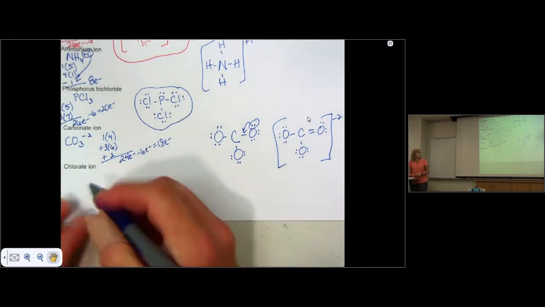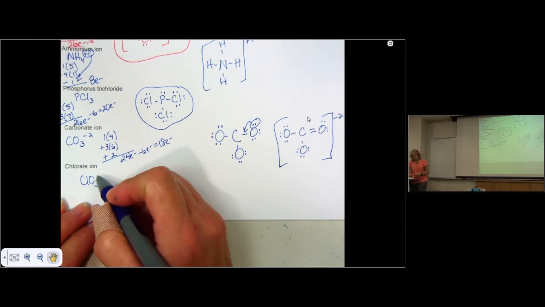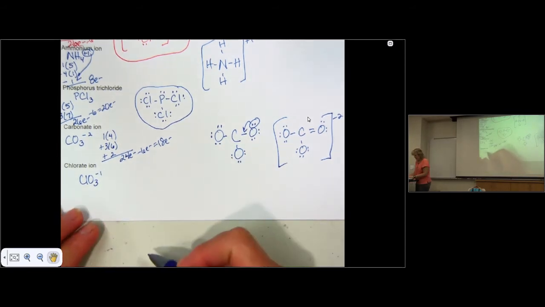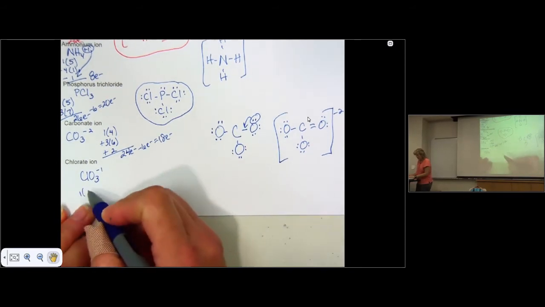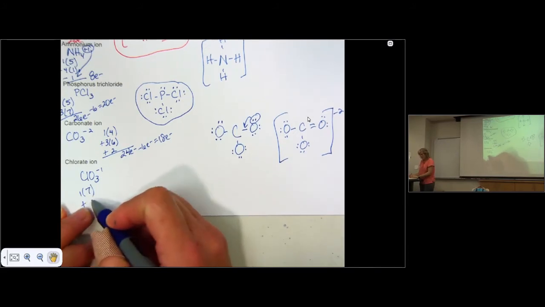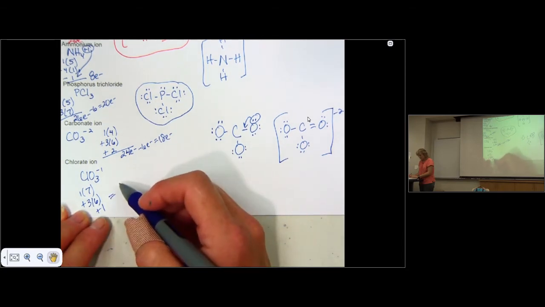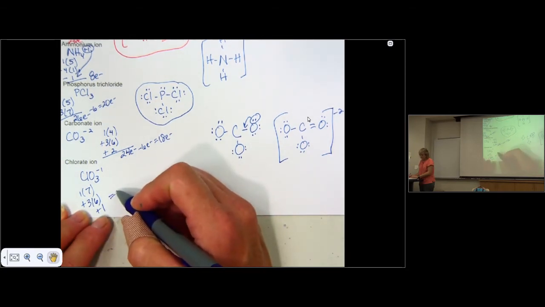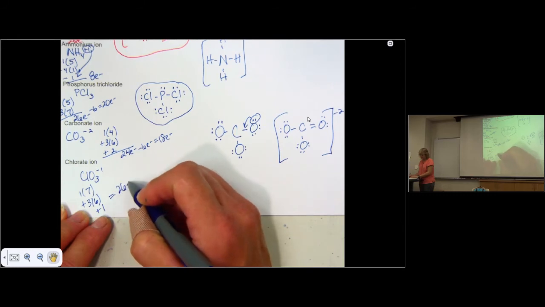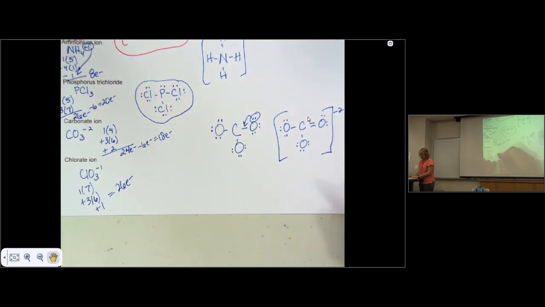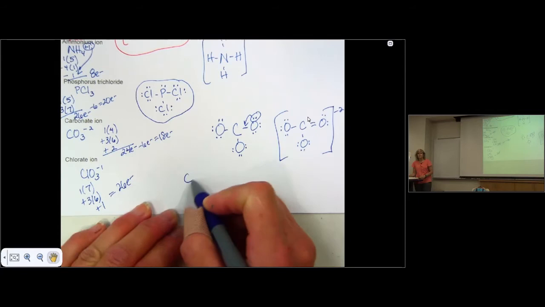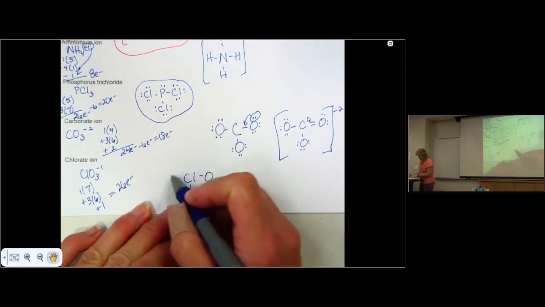And the last one, who is chlorate? ClO3, what charge? -1, good. Okay, so it's 1 times 7 plus 1. That leaves how many? All right. Do you already know what it's going to look like? So it shouldn't be hard to do.